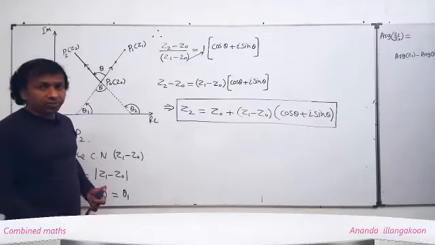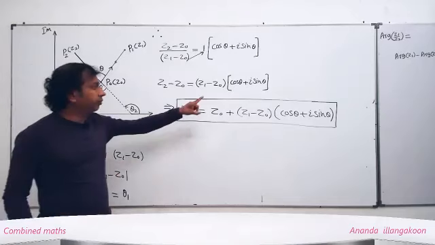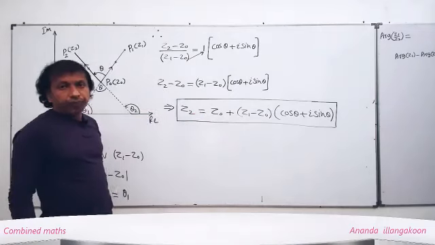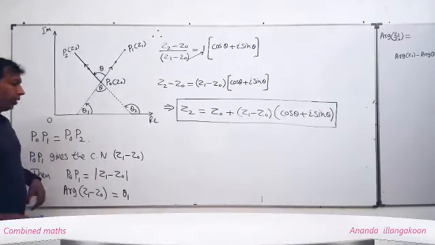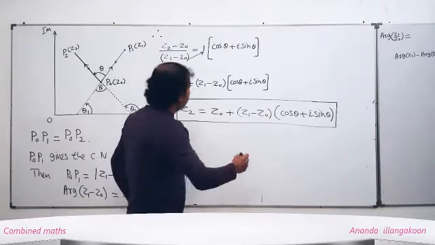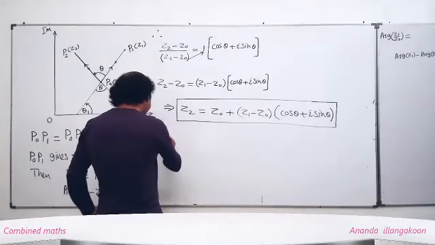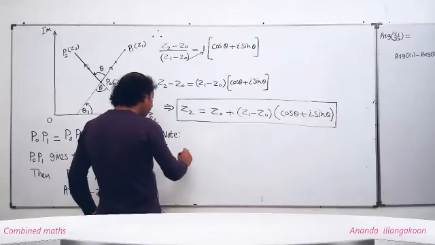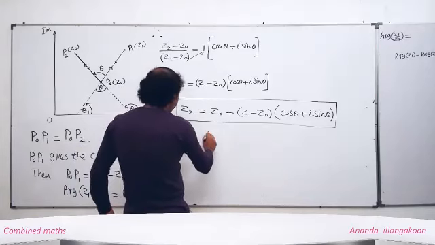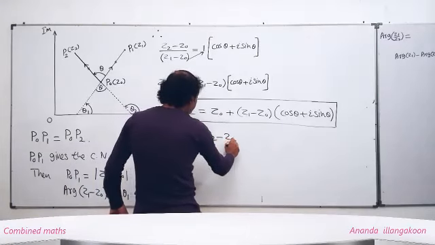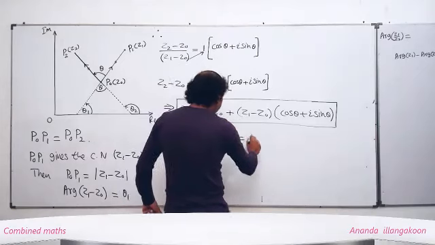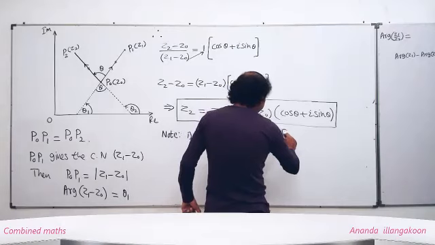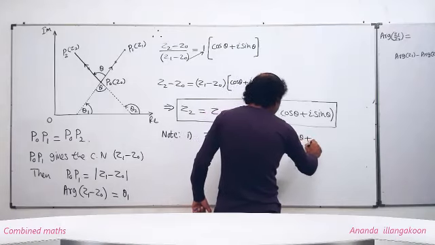Once you put theta as 90 in this result, we can obtain another new result. Then we can write, we can take this one: Z2 minus Z0 equals (Z1 minus Z0) (cos theta plus i sin theta).